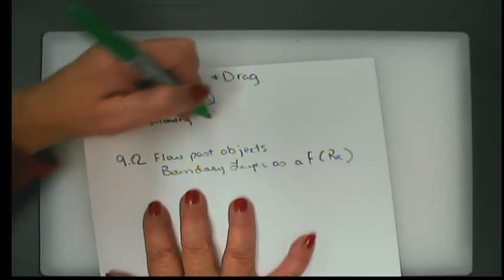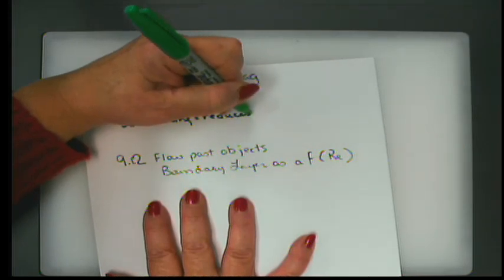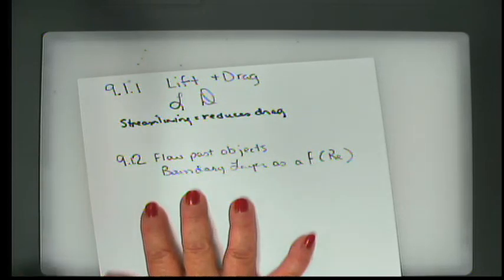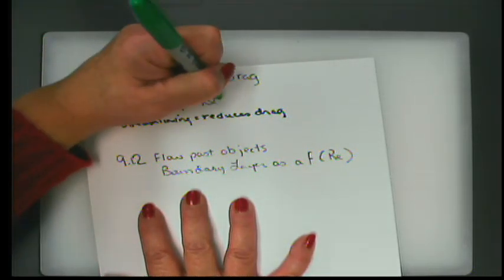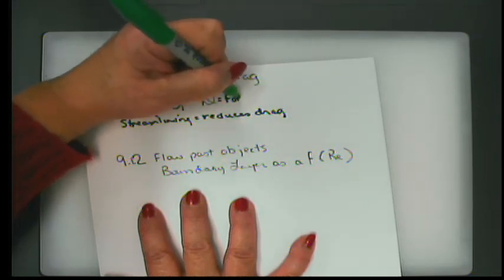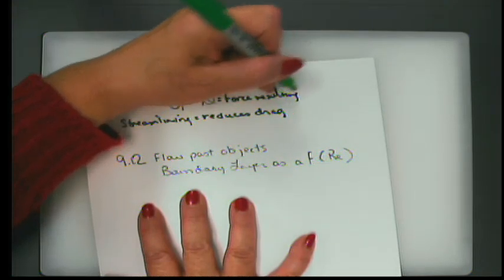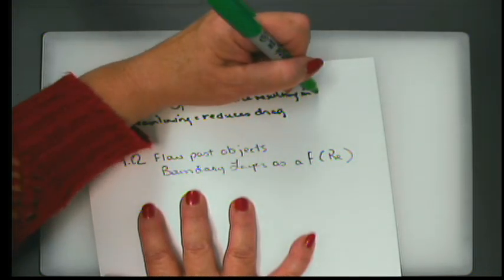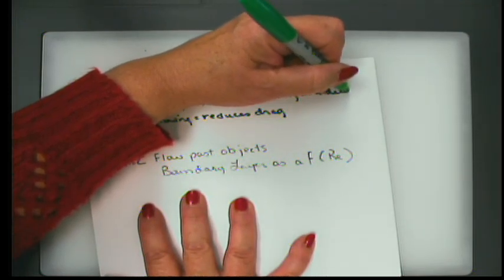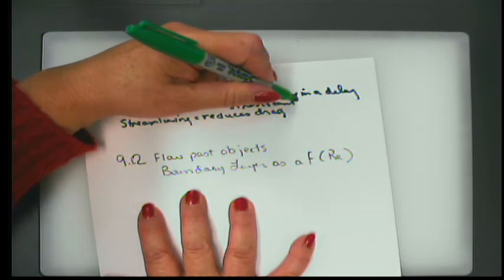Drag is a force that creates a frictional delay, or in other words, drag, which is shown by this scrolly V, is a force resulting in a delay or resistance to movement.